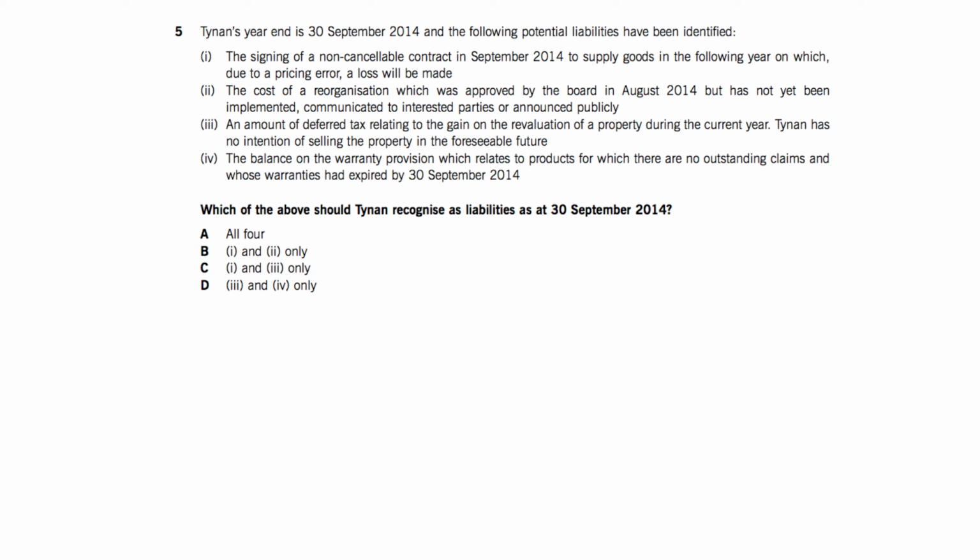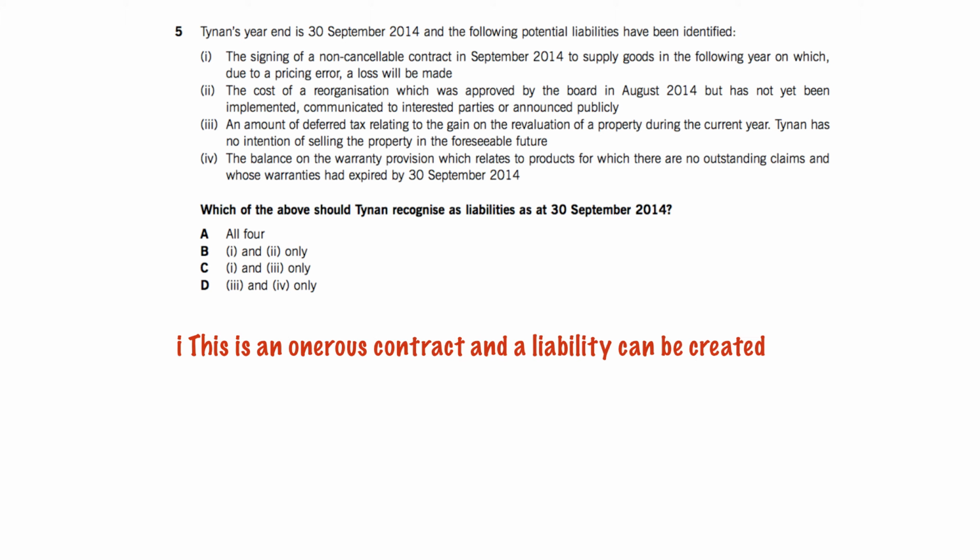So the signing of a non-cancelable contract to supply goods in the following year, which due to a pricing error, they'll make a loss on. Well, that is an example of an onerous contract. We specifically mentioned those, and you will be able to create a liability for them.